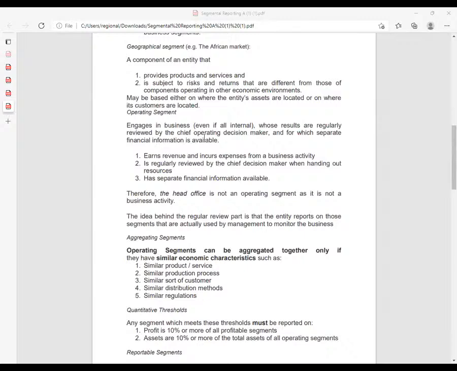It could be the CEO, the COO, or the board. It earns revenue and incurs expenses from a business activity, is regularly reviewed by the chief decision maker when handing out resources, and has separate financial information available.